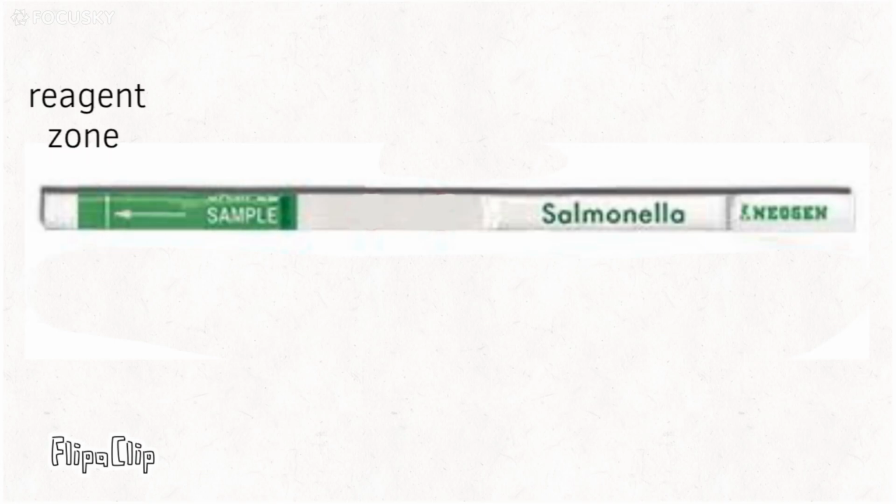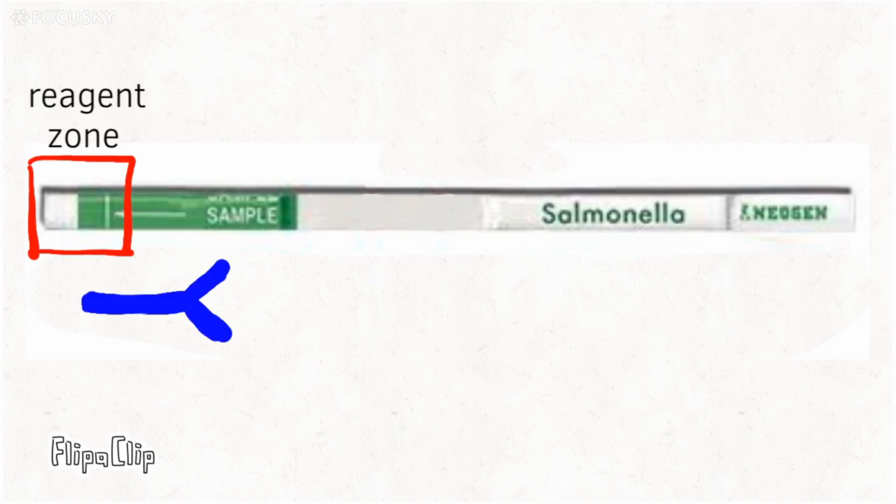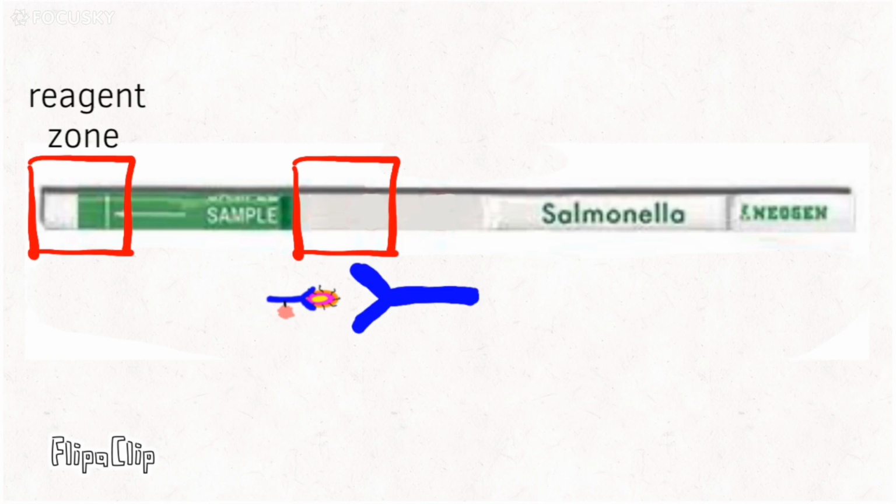The reagent zone of the device contains specific anti-Salmonella antibodies conjugated to colloidal gold particles. Upon the presence of Salmonella, the antigen on Salmonella will bind to the gold-conjugated antibodies at the reagent zone. This antibody-antigen complex then leaves the reagent zone and travels to another zone that contains anti-Salmonella antibodies.